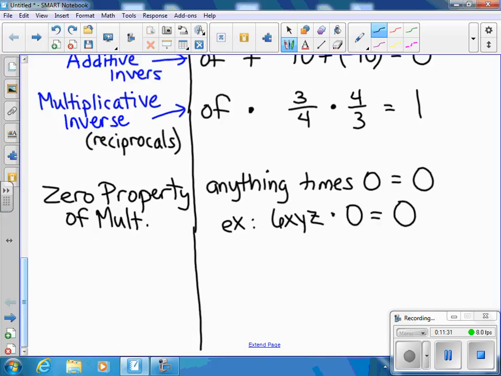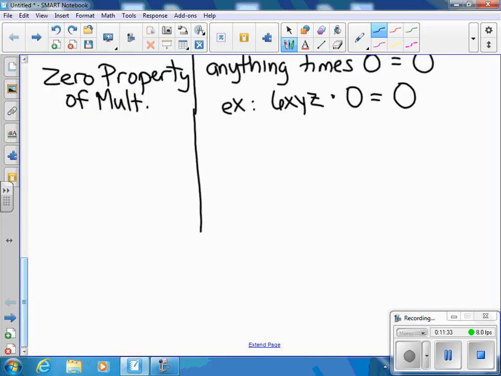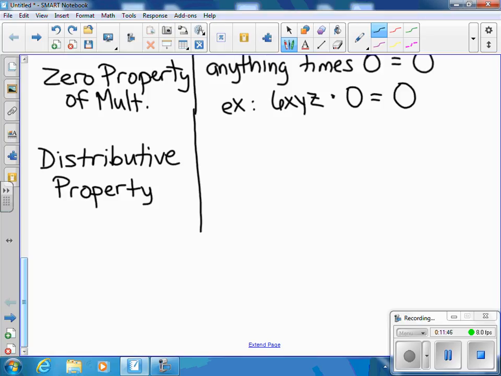And the last property that you're responsible for as an 8th grade math student is known as the distributive property. For right now, I just want you to be able to recognize this property, but throughout the year, in the upcoming months, actually in the fall, we will actually do the distributive property to get an answer to certain problems. But right now, I just want you to be able to identify it by looking at it.